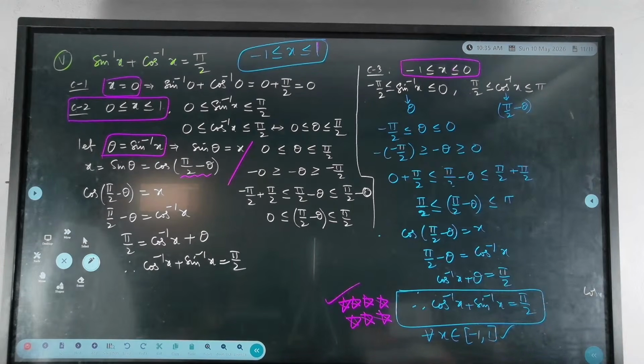The same way we can prove tan inverse x plus cot inverse x is pi by 2, like secant inverse x plus cosecant inverse x is equal to pi by 2 also. In the same way we can prove.